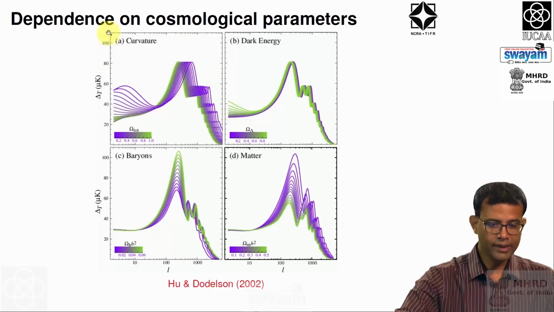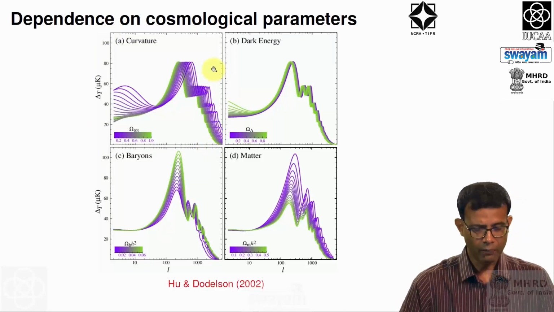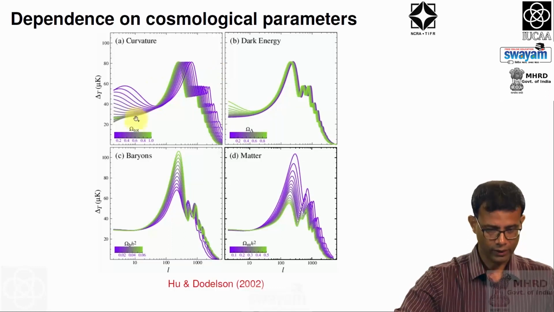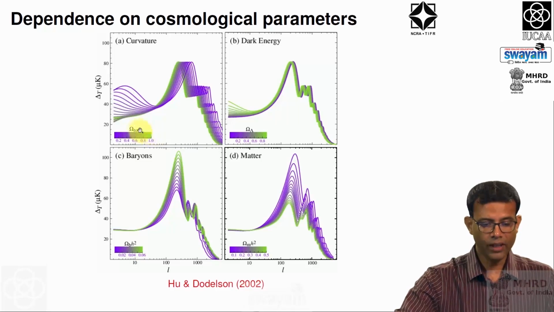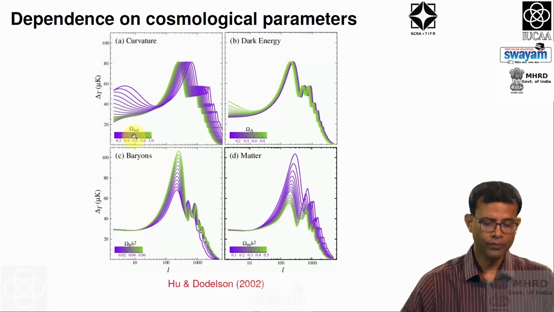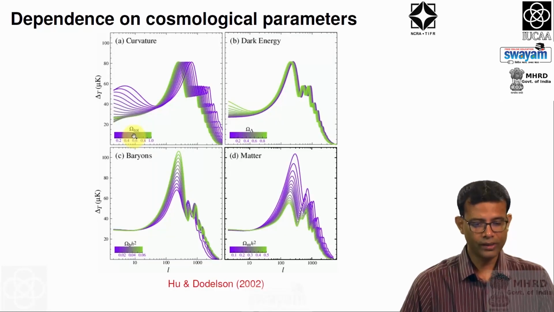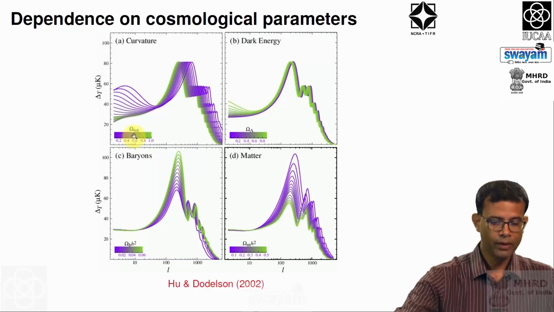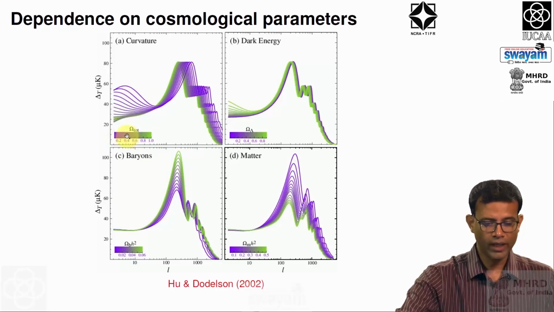For example, in this case one studies the effect of varying the curvature parameter, or omega total. Remember, omega total equal to 1 means a flat universe, and omega total less than 1 will give you a universe which has less matter. So, it is an open universe. And different colors correspond to different values of omega total.